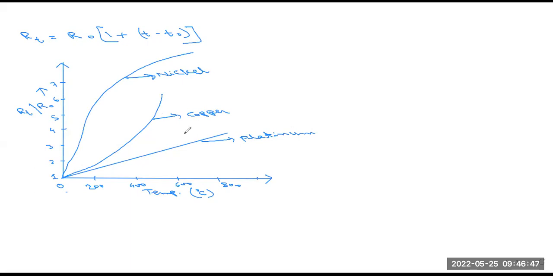So this is basically the temperature versus resistance curve for the resistance temperature detector, the temperature transducer.